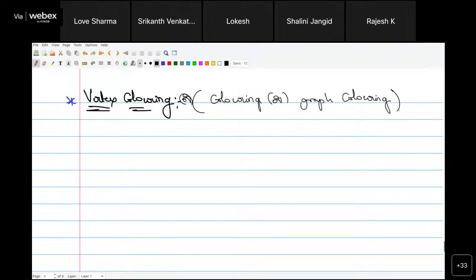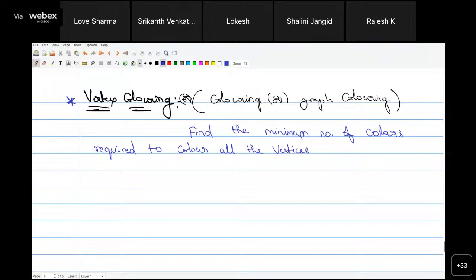So even this is very simple. Vertex coloring means you have to find the minimum number of colors required to color all the vertices of a particular graph.